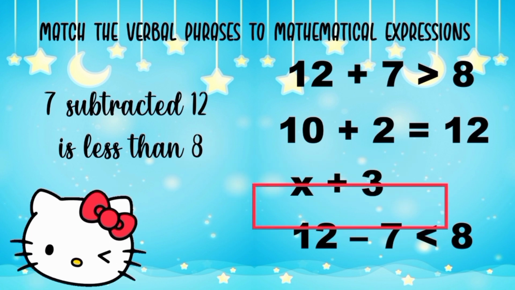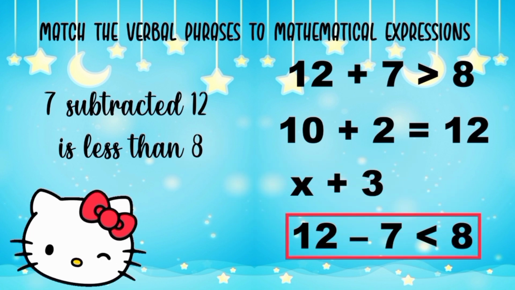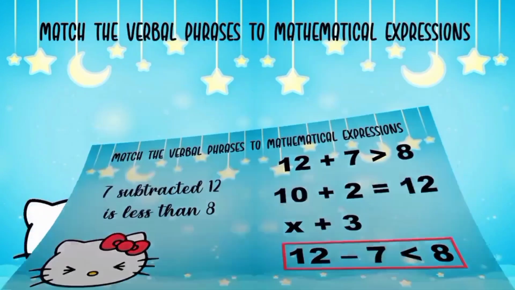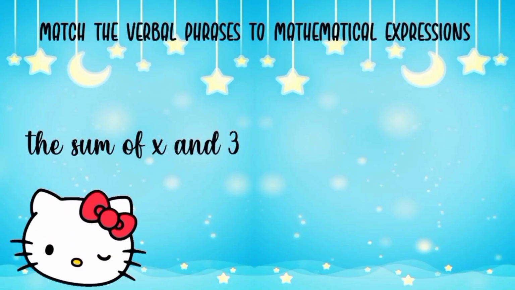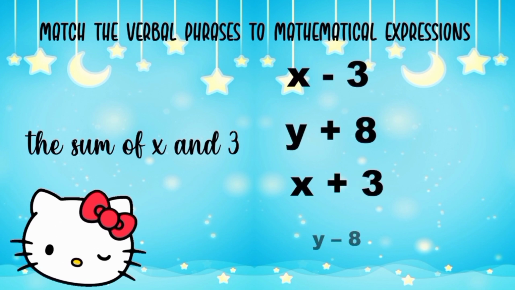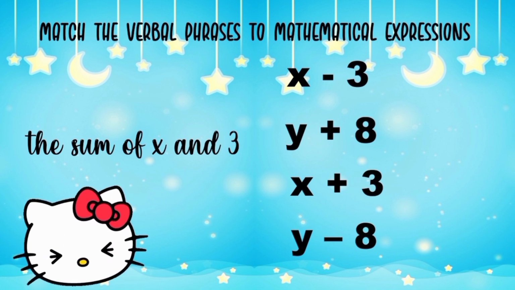Our answer is 12 minus 7 is less than 8. Example number 5. The sum of x and 3. Now choose among the given expressions. Our answer is x plus 3.